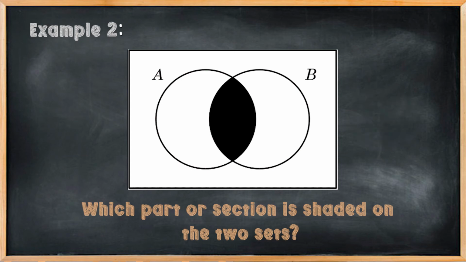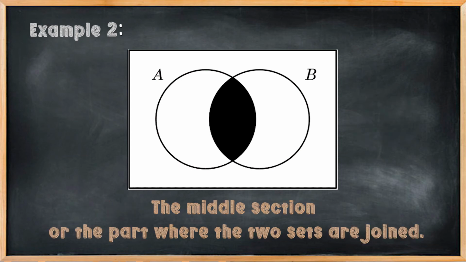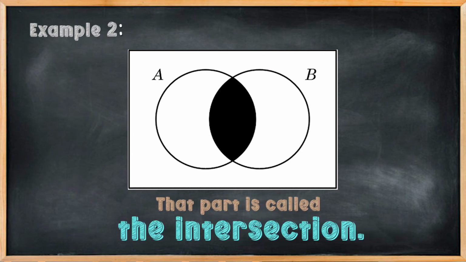Of course, we can see that the middle section, or the part where the two sets join or where they meet, that part is called the intersection. Remember earlier we said when two roads cross, we have an intersection.